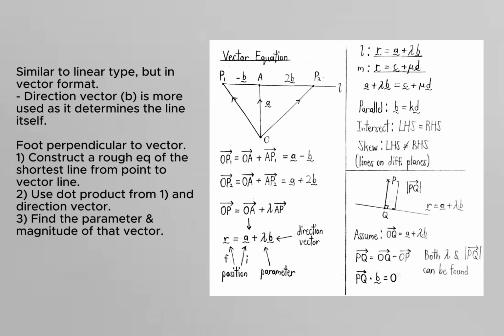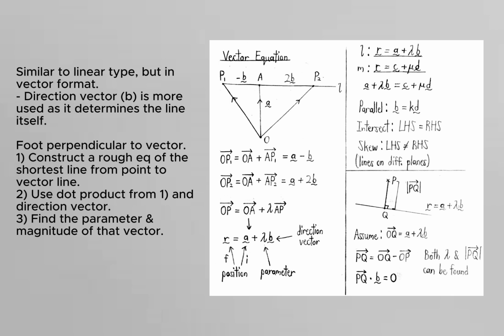Now let's look at the vector equation. The vector equation is similar to that of a linear equation, but it's in vector format. You can see how the vector equation is formed on the left side of the diagram. R is the final position, A is the initial position, lambda is the parameter, and vector B is the direction vector.